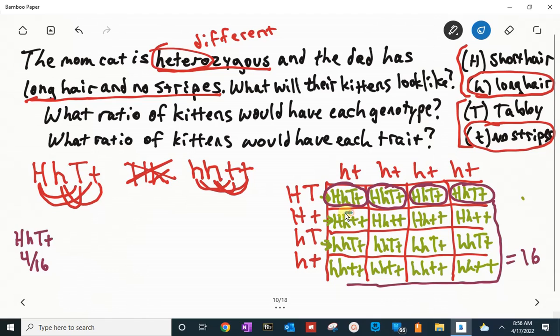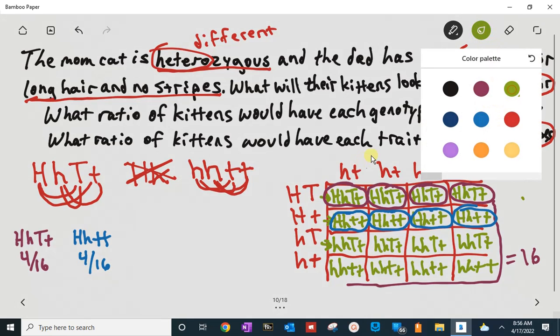Then let's look at the next one. We have a heterozygous dominant for short hair and a homozygous recessive for no stripes. So let's find all the squares where those have the same genotype. So 4 going across. So for heterozygous dominant for short hair and homozygous recessive for no stripes, we'll have 4 out of 16.